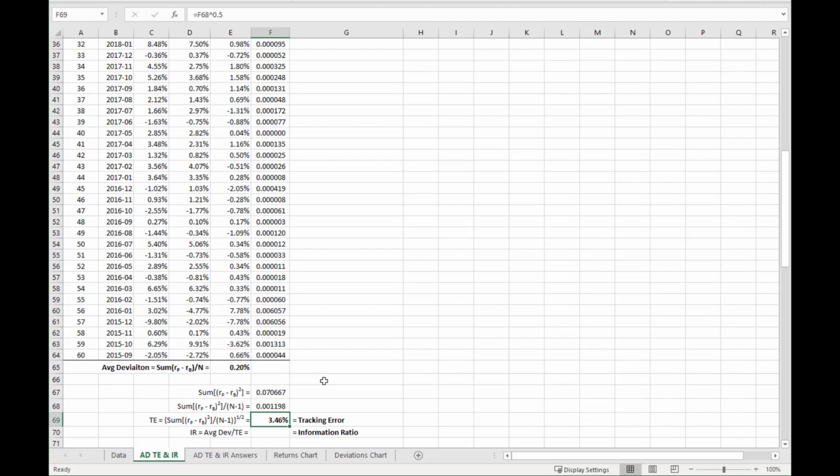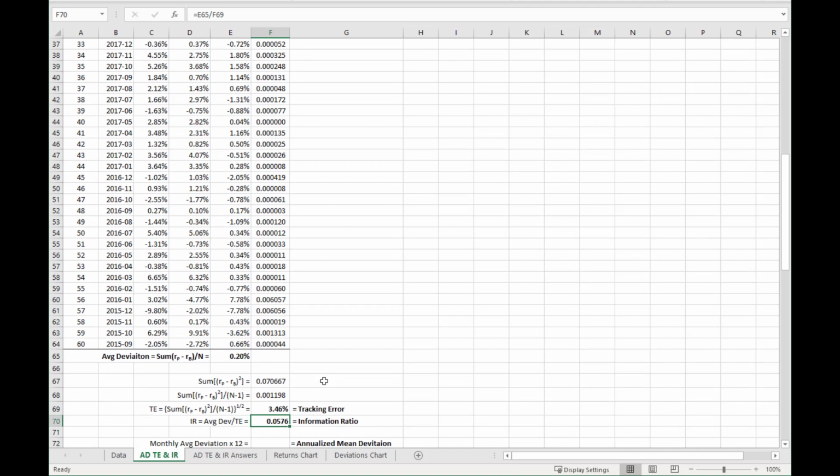And so now I have a tracking error of 3.46% and an average deviation of 0.20%. And so what I can do now is compute the information ratio, which is this number, and I get a 0.576.